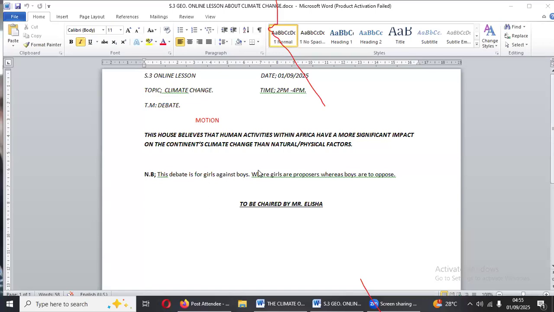And that means that according to how the motion is, the girls will be telling us about how human activities are bringing a significant impact on the climate change. But for boys, we'll be saying that the physical or natural factors are the ones bringing climate change within Africa.